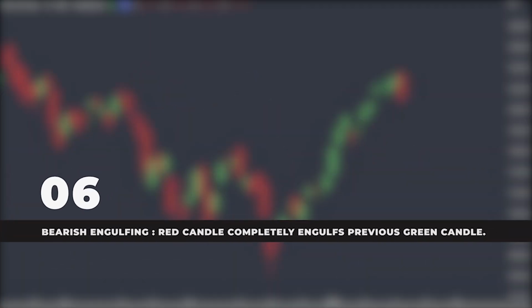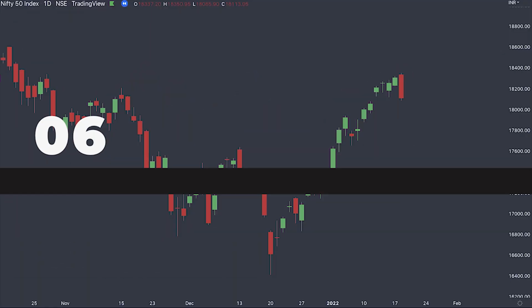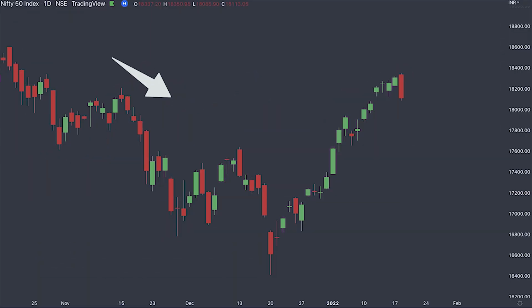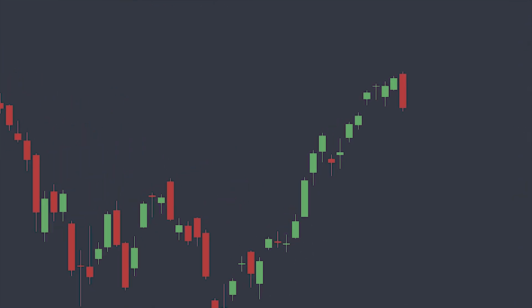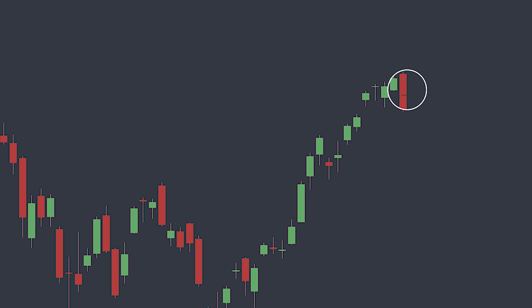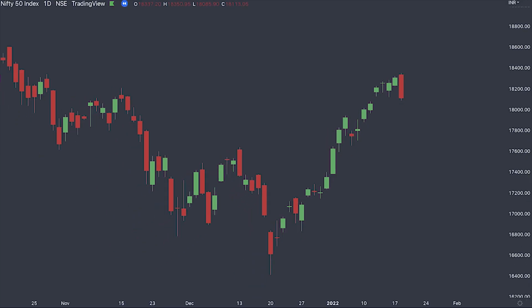So again, in the next example, we are able to see the price fell very well, making lower lows and lower highs at this point, and then it rallied up really well. Almost 10 to 12 candles have been just green, and at the top there's a green candle followed by a very good red candle completely engulfing the previous one. So here your entry would be at this red candle, and your stop loss is going to be above the trend line.